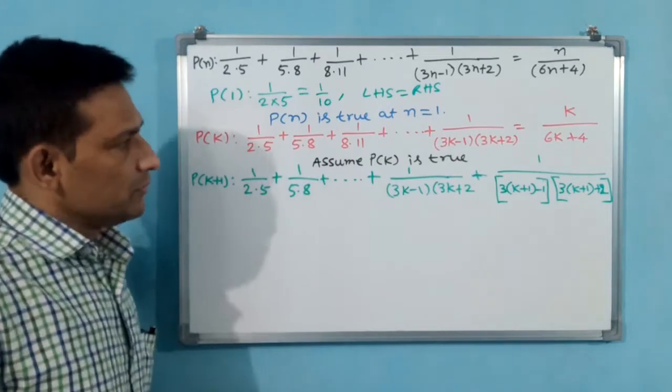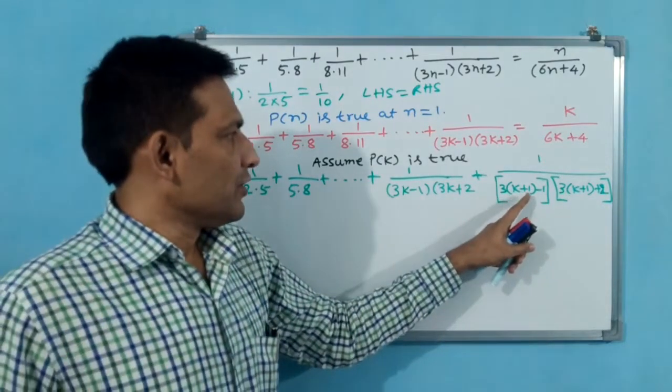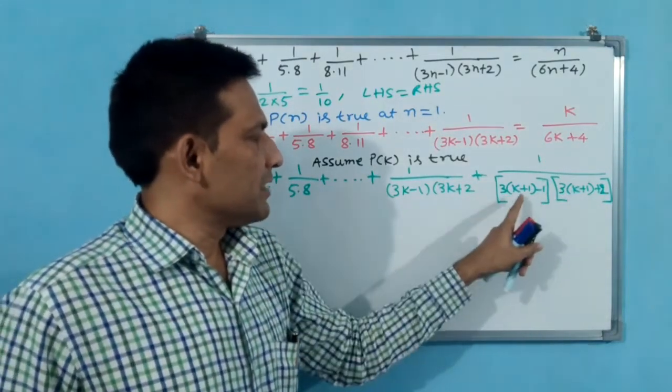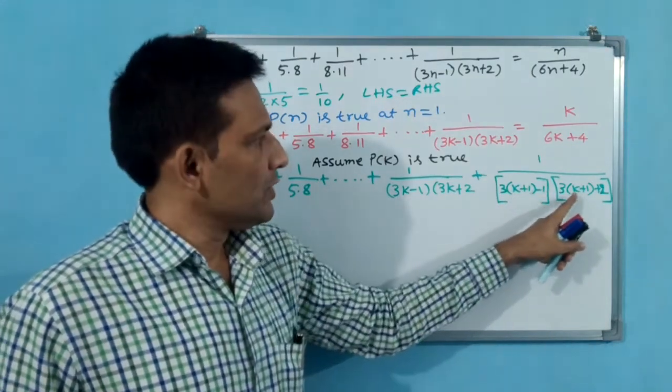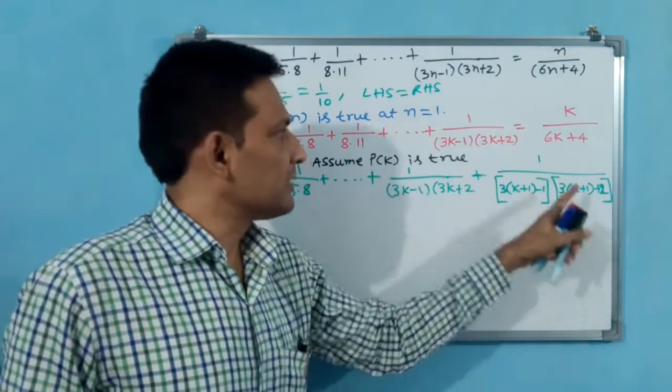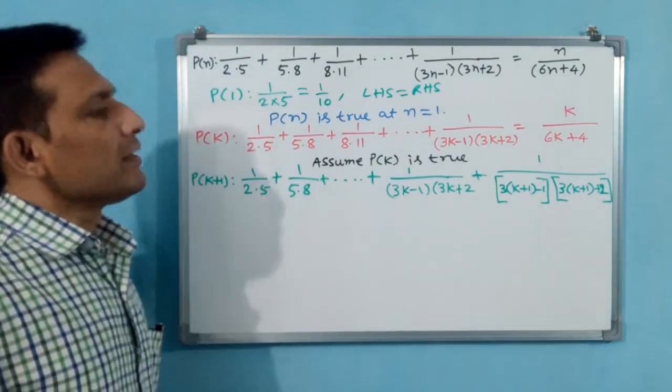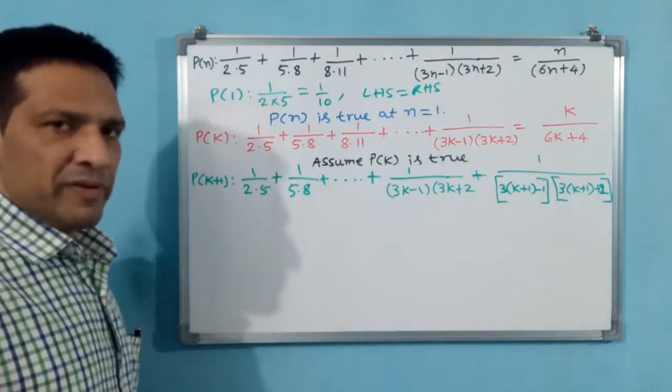Finally, 3k definitely will come, plus 3 minus 1, and 3k plus 3 plus 2, that is 3k plus 5. That will come. Okay, let it be. We will simplify afterwards.